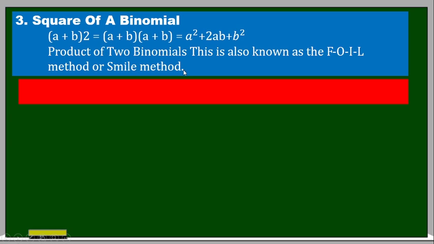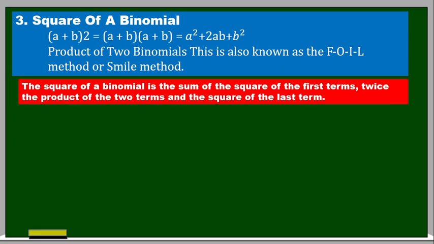So for the product of binomials, like the square of a binomial, the second special product of sum and difference, and the very first one earlier, you can still use the FOIL method. But if you want a shortcut way, let us use the algebraic model. The square of a binomial is the sum of the square of the first term, twice the product of the two terms, and the square of the last term.